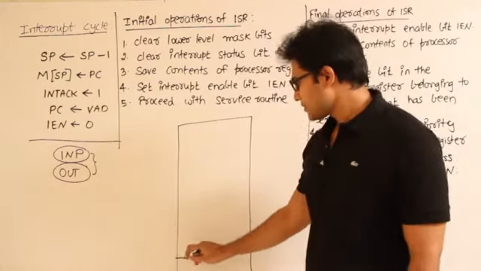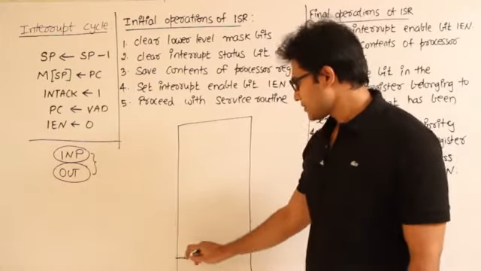This may be address 0, this may be address 1, this may be address 2, this may be address 3, and so on. This may be address 1000, this may be address 1001. So the stack is going to grow up, right? If your current stack pointer is pointing to address 1000, it means that it is the top of the stack and it is already filled with some data.